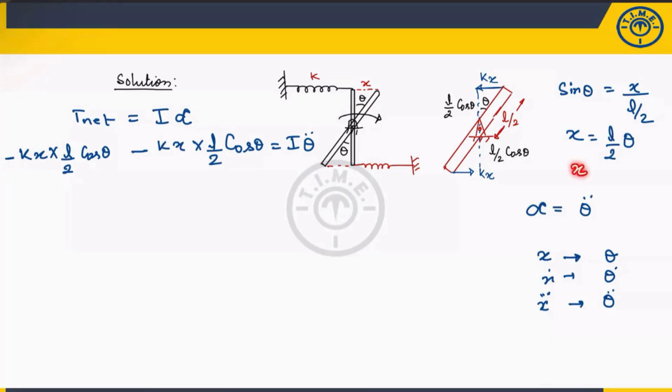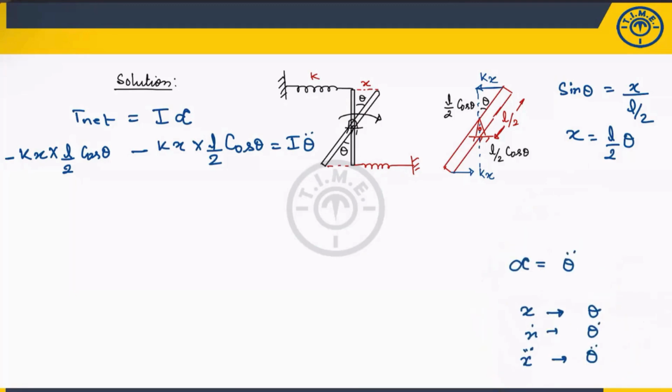So if you differentiate this, what you will get? X dot I can write as L by 2 theta dot, and x double dot I can write as L by 2 theta double dot. Now I'm converting into the same format, kx L by 2.